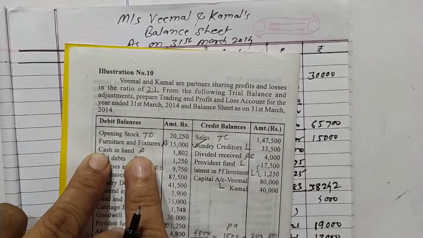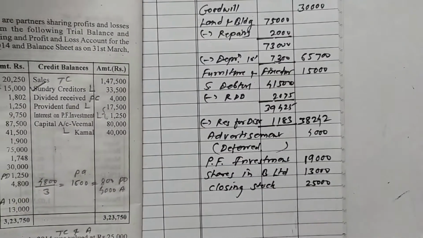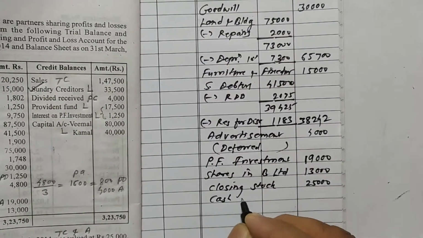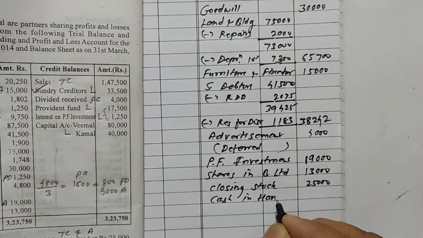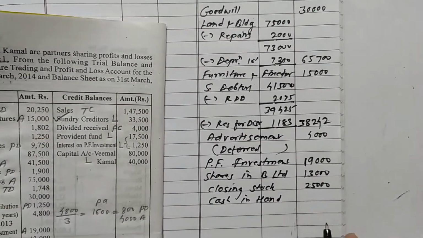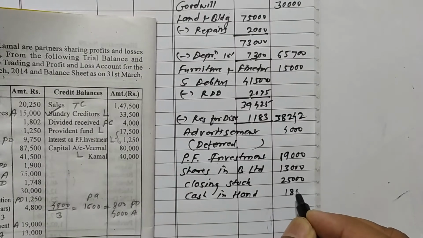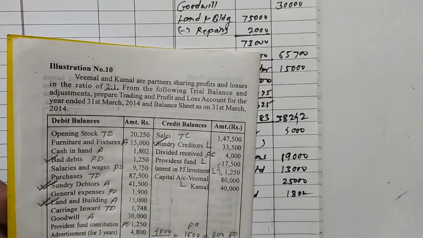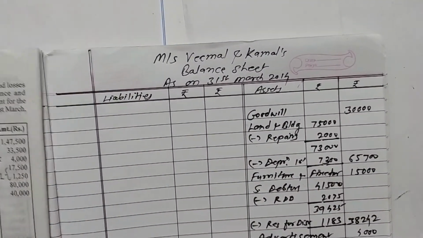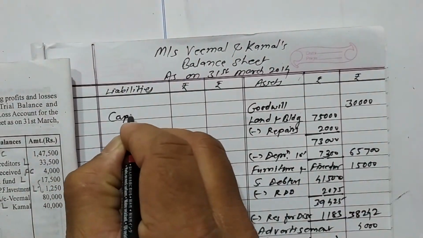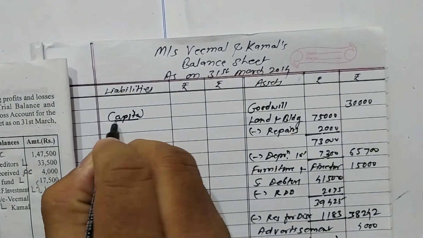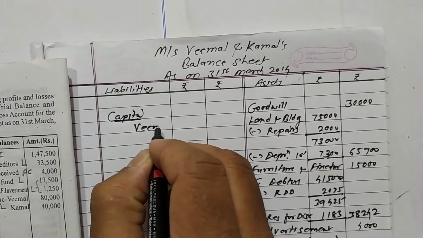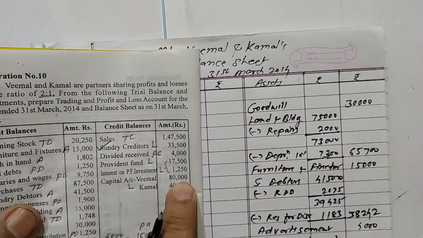Now cash in hand remains. Cash in hand, rupees 1,802. Okay. Now we go to the liability side. First we have to write capital. Partner's name is Vimal. Vimal's capital is 80,000.